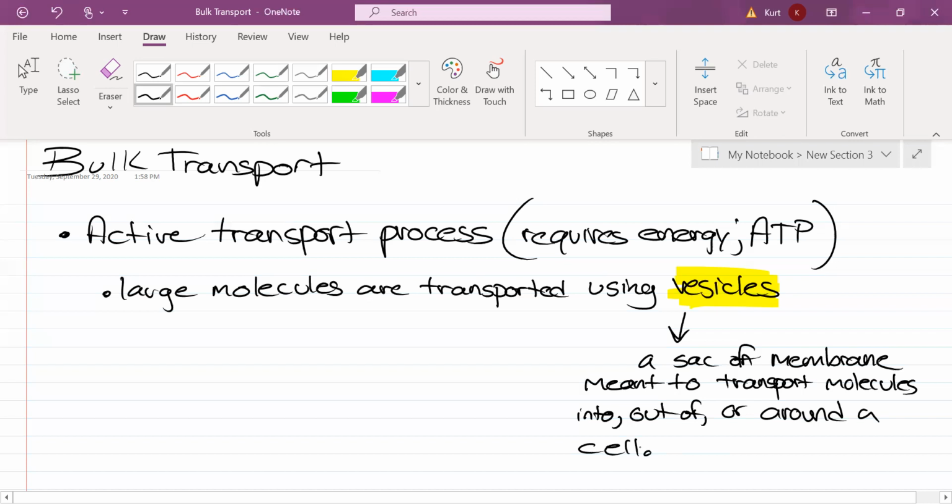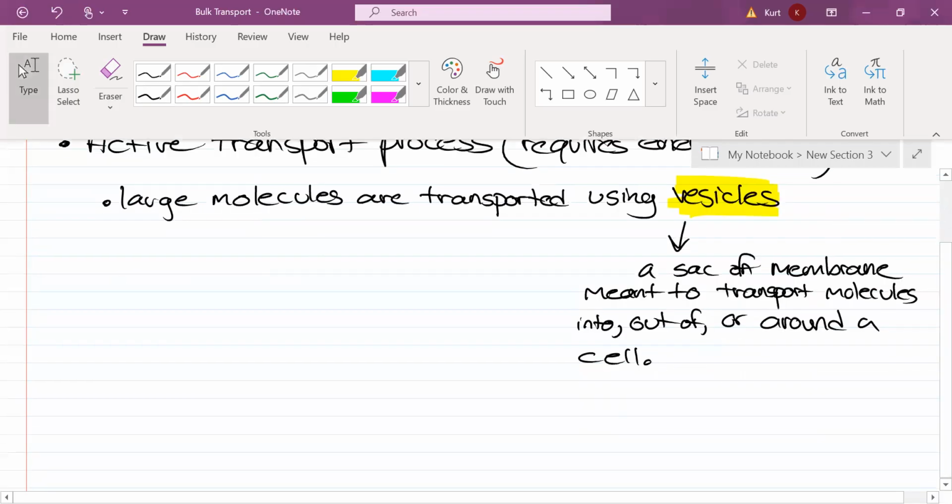So, guys, think of a vesicle like your backpack, your lunchbox, a garbage bag, Tupperware, a container. It's just meant to move things around. If you're going to put a bag of Doritos in your lunchbox, you're not going to open up the bag and empty out all the chips in your lunchbox, and just open up your lunchbox and boom, you got a big mess. You keep it inside of a container because it's easier to transport. That's what vesicles are basically designed to be.